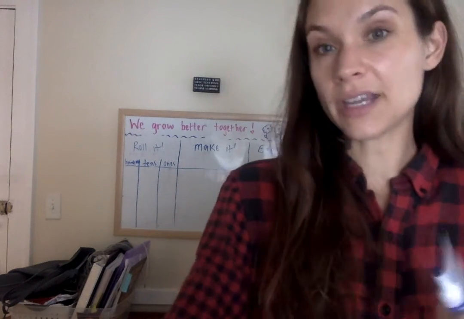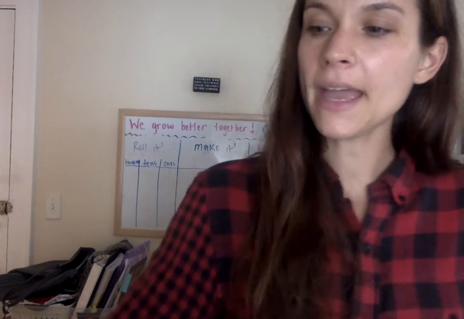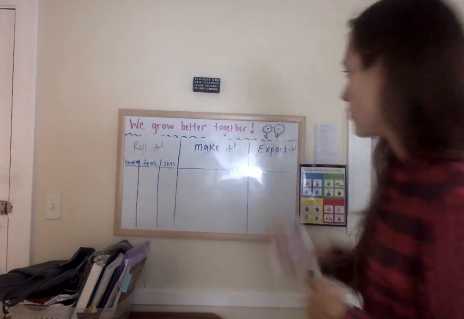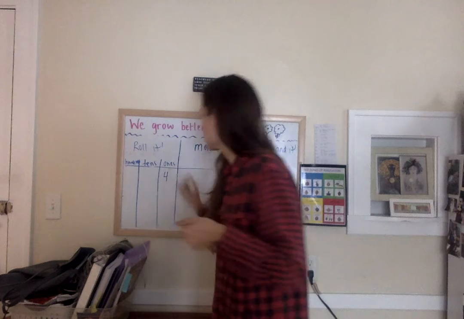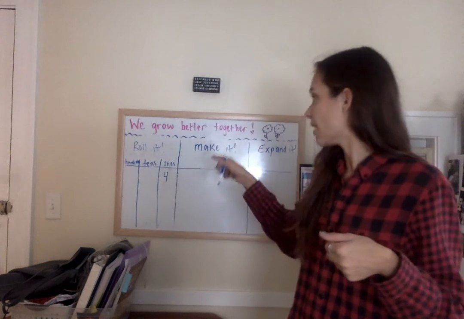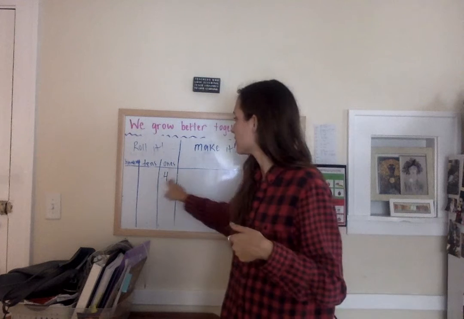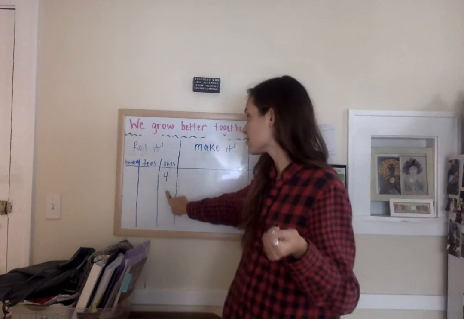And if you want to try rolling it on your own and do your own at the same time as me, you can. Okay, I rolled a 4. So I'm going to put 4 in the ones place. And for some of you it might be easier if while you're doing this part, you could also start making it. So I have 4 ones.